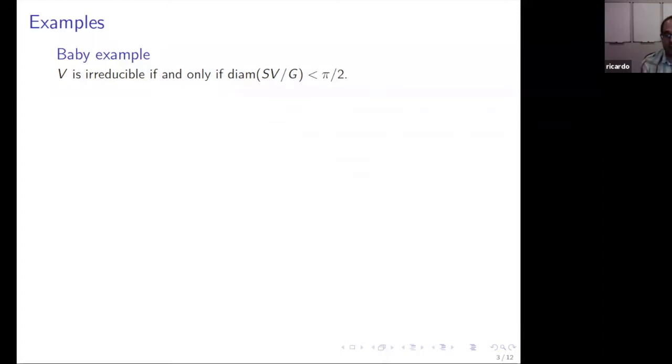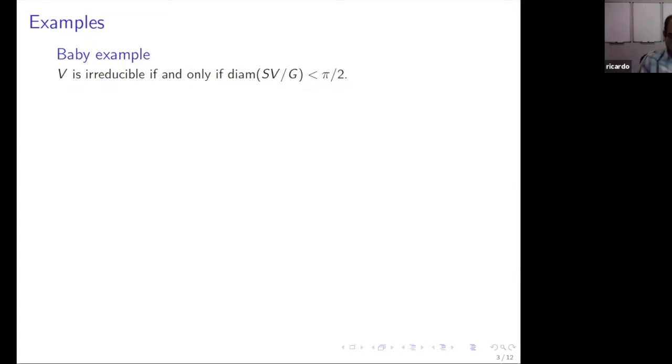And for metric spaces, maybe the most basic invariant is its diameter, meaning the maximum distance between two points. And these two things are related for this kind of examples: the representation is irreducible exactly when the diameter of the quotient is less than pi over 2, okay? So here you can see how an algebraic property corresponds to a geometric property of the quotient. I'm going to leave the proof as an exercise. It's very easy. This is a very well-known result.